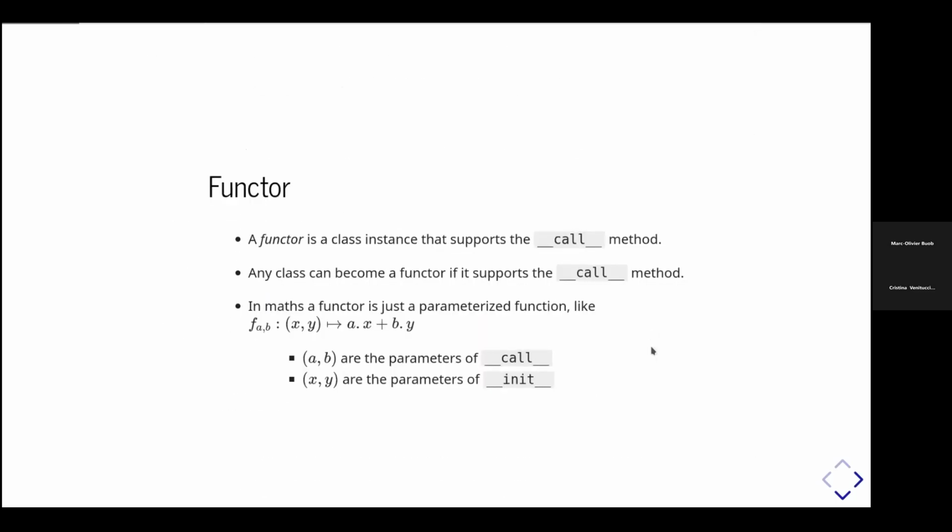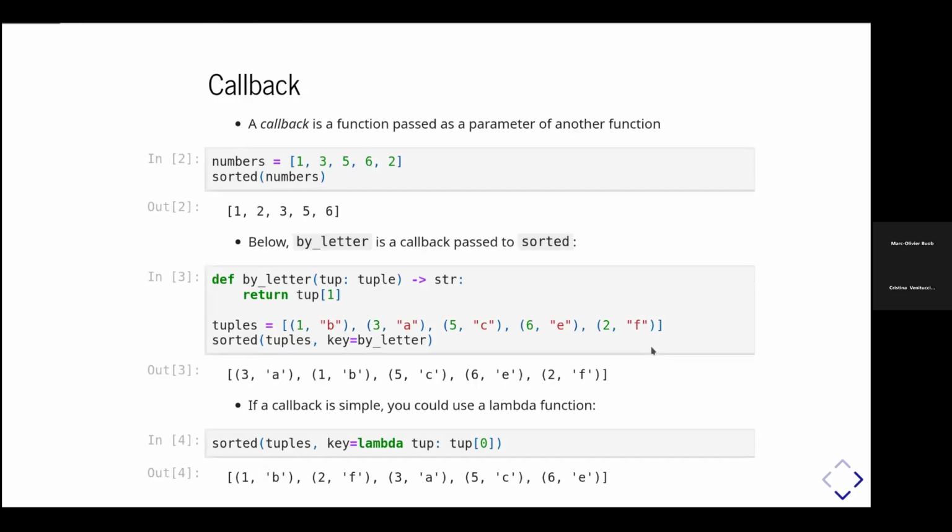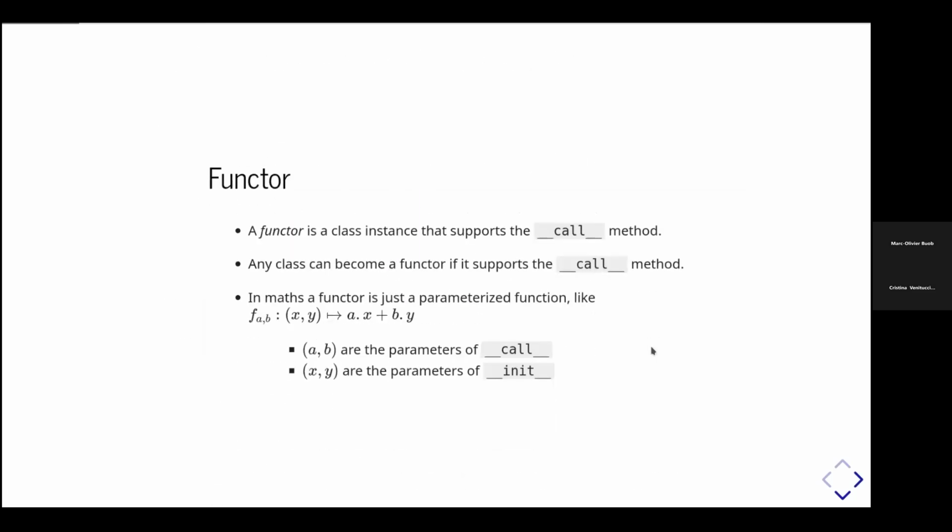Now, what is a functor? As you can see, when you use a callback, there is no notion of constructor. There is a function, you pass the value, and that's all. But sometimes your function, your order, depends on some parameter that you want to define before. Let's take an example.